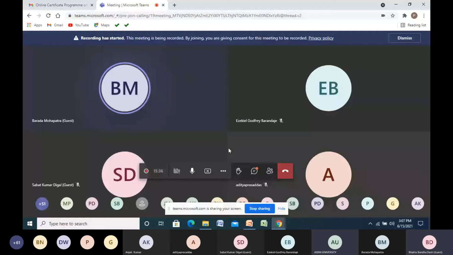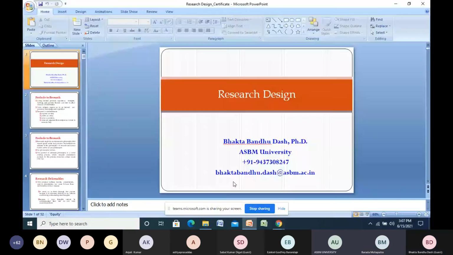Is it visible to the participants? Yes, it's coming actually. Now it's visible. Yes, sir. You can go for full screen. Make it full screen. Is it okay?